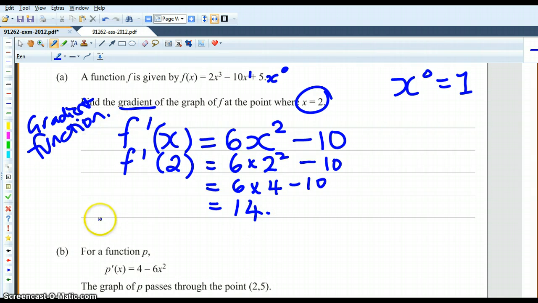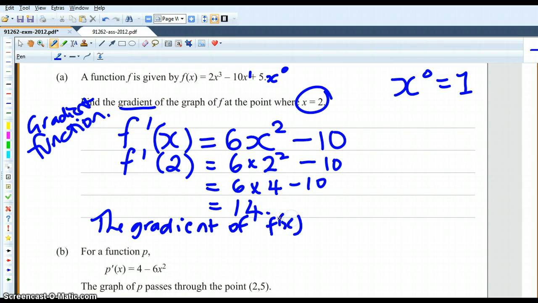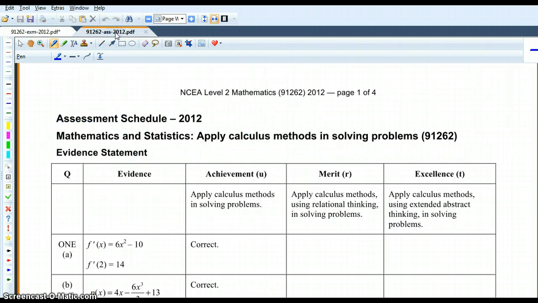So the gradient of f of x is 14 when x equals 2. Let's have a look here at the answer, and that's all you needed for achieved.